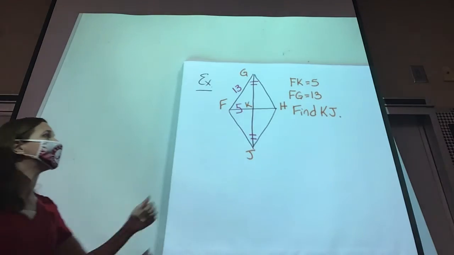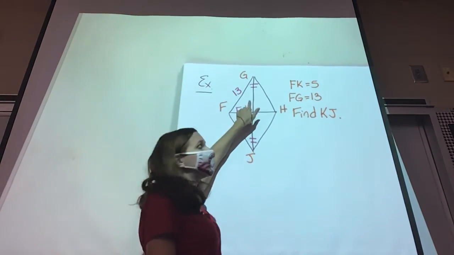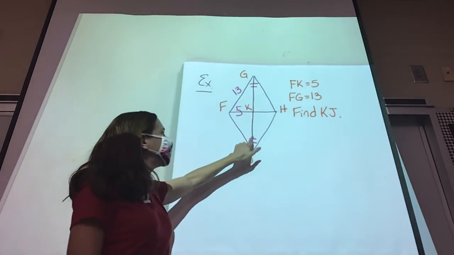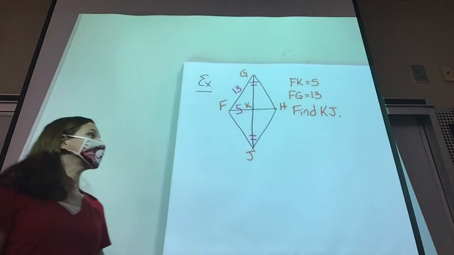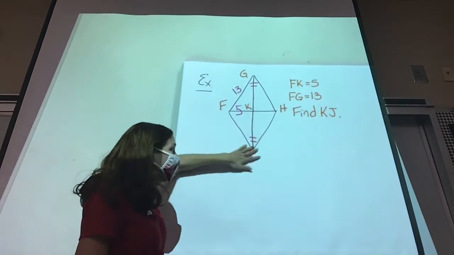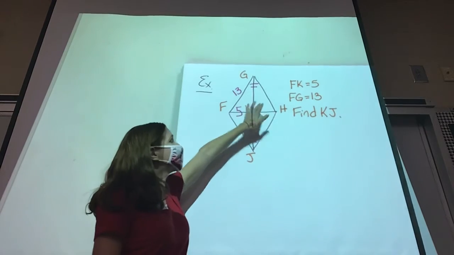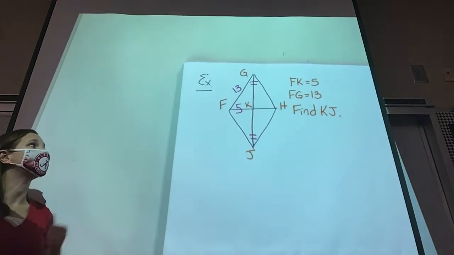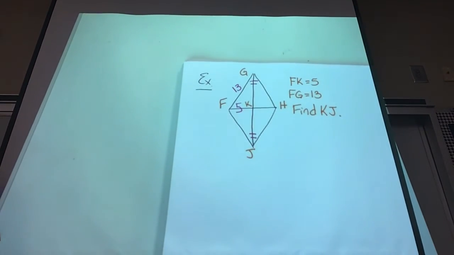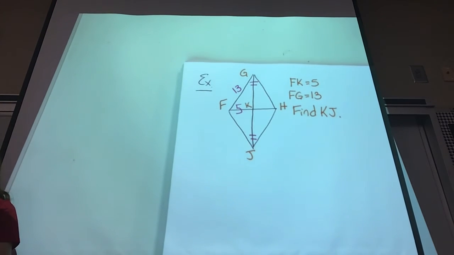So if I can find KG, I automatically know what this piece is. Since I have no numbers down here, I need to work on this. Now, how can I find KG?